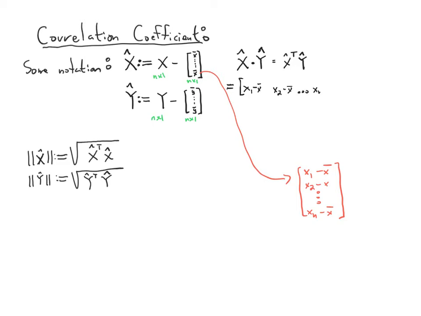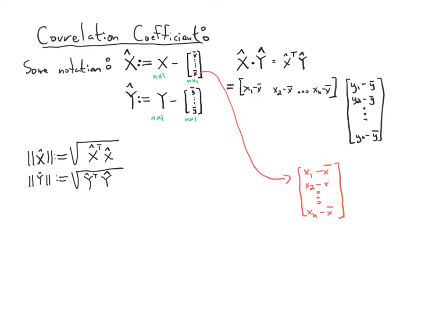You get the last one, xn minus x bar, so that's our x hat transpose, and then times our y hat. So this is y1 minus the mean, y2 minus the mean, all the way down to yn minus the mean.